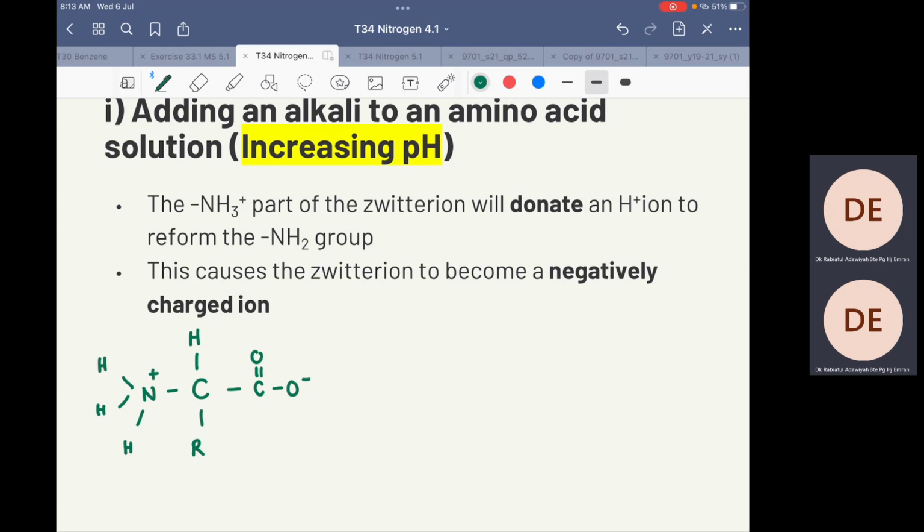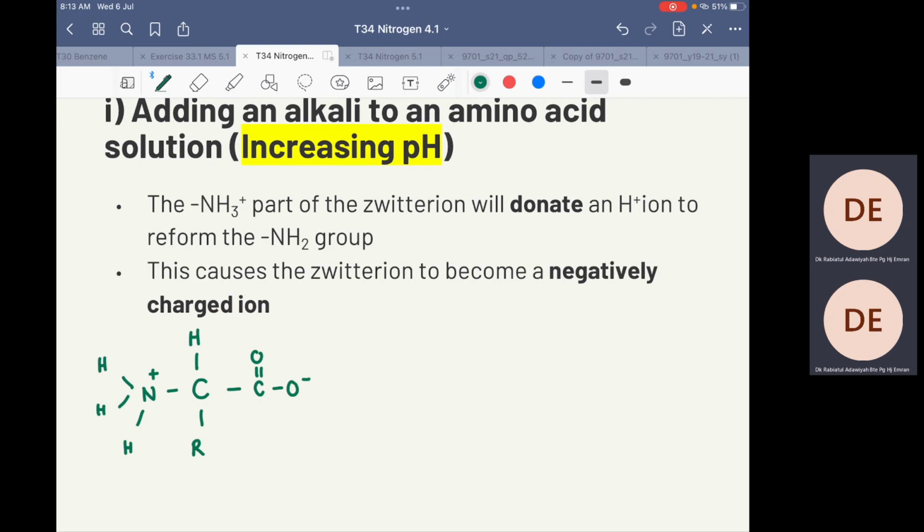I am writing them down in the form of zwitterions. Actually, it's the same thing. Whether you write it as a zwitterion or as the normal structure without the proton transfer, they are the same thing.